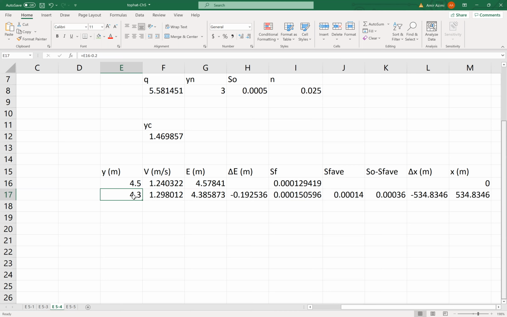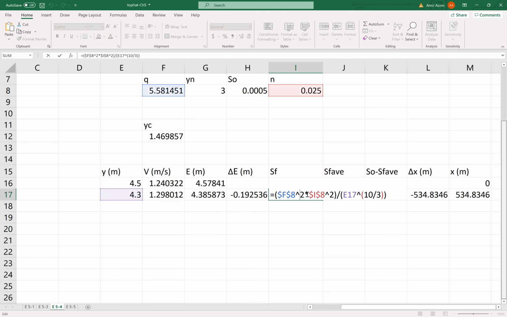Then we reduce the depth by 20 centimeters. We can use an increment of 20 centimeters, or we can change to any increment we want. So we calculate velocity, we calculate the energy, and then the energy difference. We calculate the frictional slope in a similar way. Just make sure that you use a dollar sign to keep the values in place.